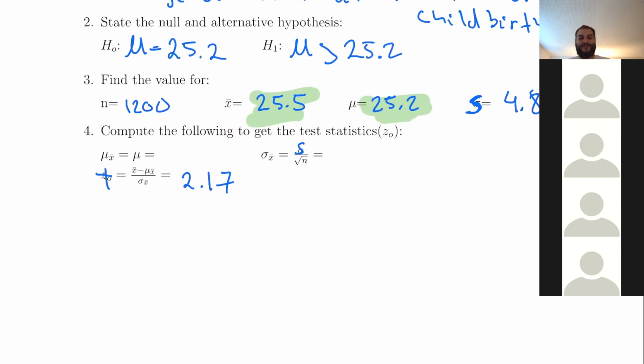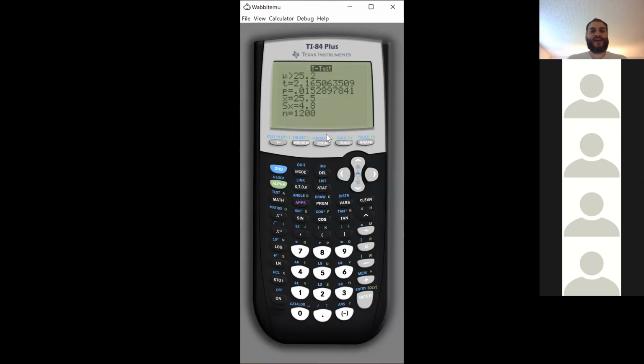Also, if you look at our data set, we had a big sample size, and usually when you have a big sample size, it's going to give you misleading information. Say if I go back and do a t-test and change the sample size from 1200 to, say, 30, now you get something that's not significant.